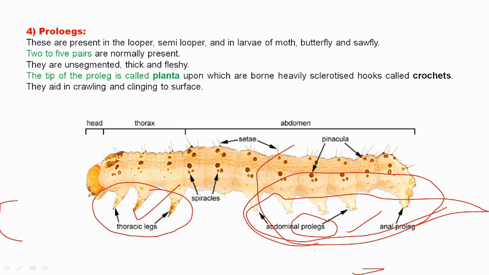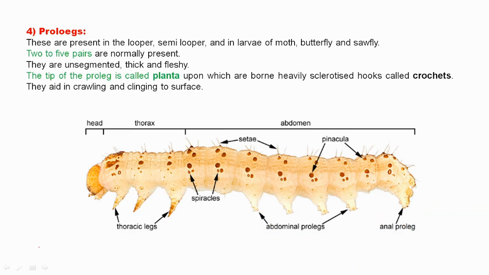These are unsegmented, thick and fleshy structures, and the tip of these prolegs is known as the planta.